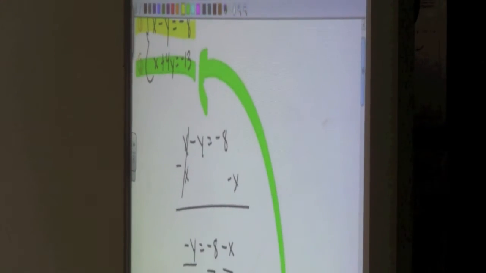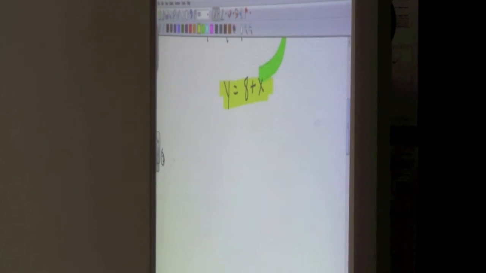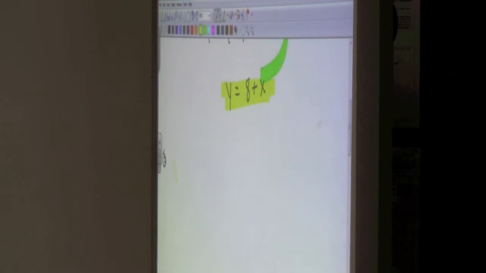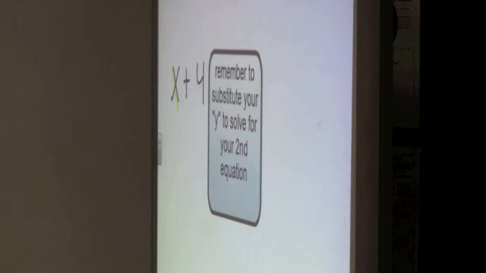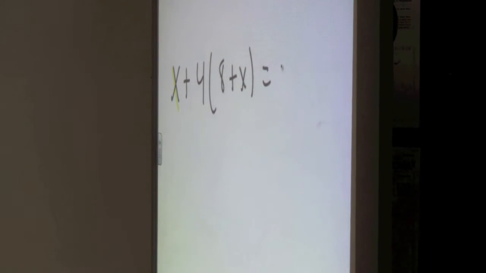And our second equation is x plus 4y, and our y is 8 plus x, equals -13.